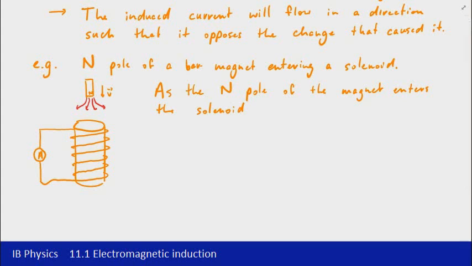So we see that the current flow induced in the solenoid, in order to oppose that change that's causing the current to flow, must mean that it's going to produce a north pole at the top of the solenoid.